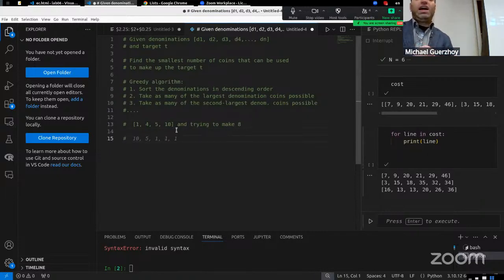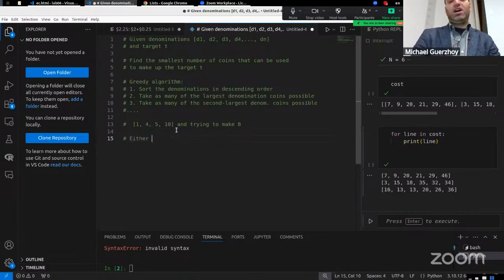So I have choices here, right? I can say either I use 1 cent or not, and either I use 4 cents or not, and either I use 5 cents or not, and either I use 10 cents or not.